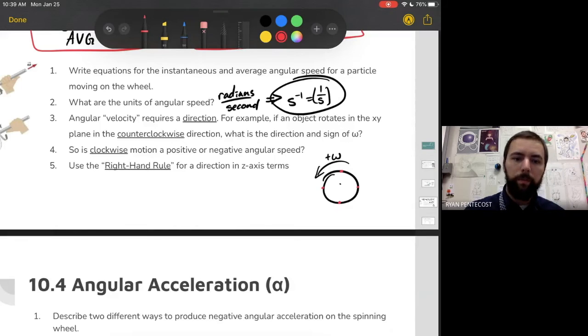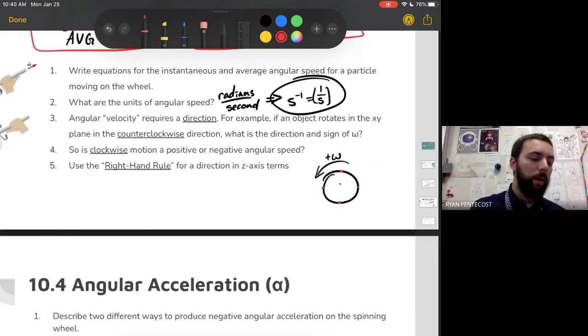So if you use your right hand and you curl your fingers, okay, your fingers are pointing in the direction that your object is rotating, right? Whichever direction you're using. If it's going counterclockwise, okay, using your right hand, your thumb points at you. Or if you put it in the xy plane, okay, assuming the xy is flat, your thumb is pointing up. So that means that your direction would be up or positive. Then if it's going clockwise, your thumb is pointing down, so the direction would be down the axis or negative.